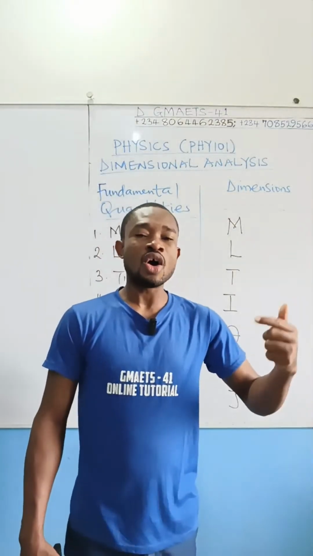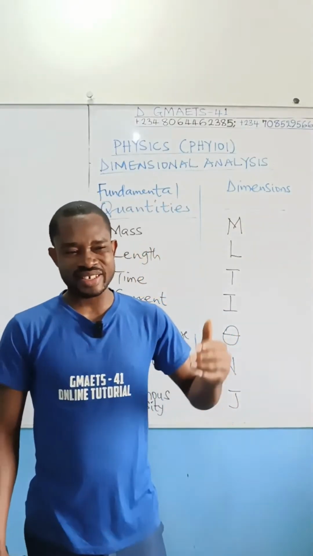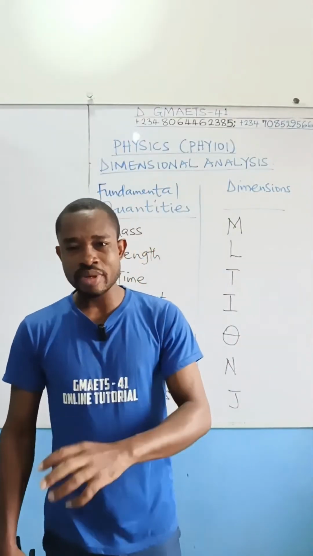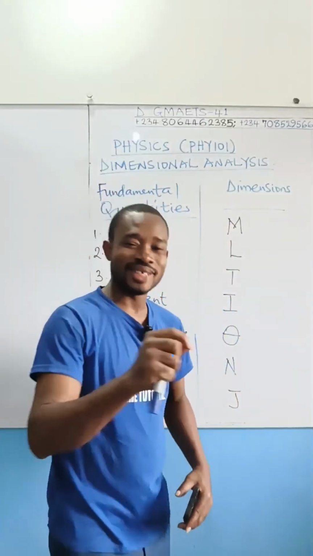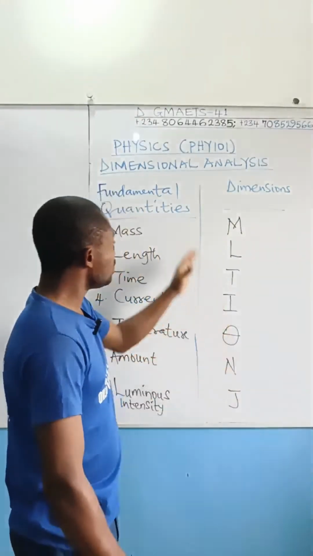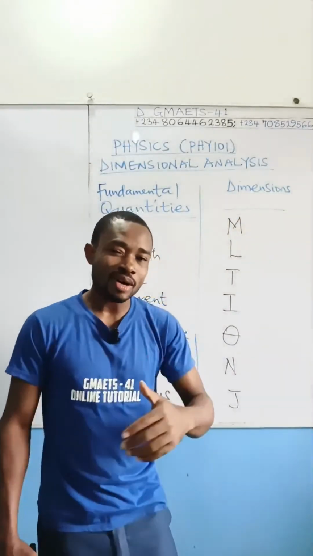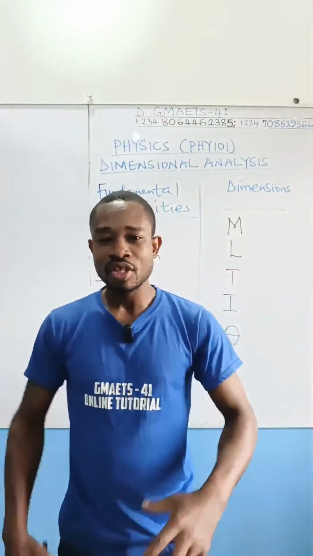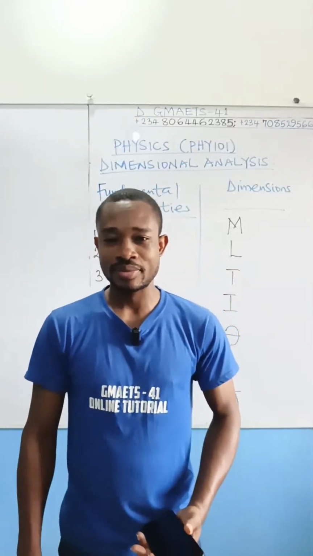Just like we learned under derived units, we stated that derived units are obtained from fundamental units. So once you know fundamental units, it becomes easy for you to handle derived SI units. In the same way, once you've learned fundamental quantities and their dimensions, it becomes easy for you to establish the dimensions of derived quantities.